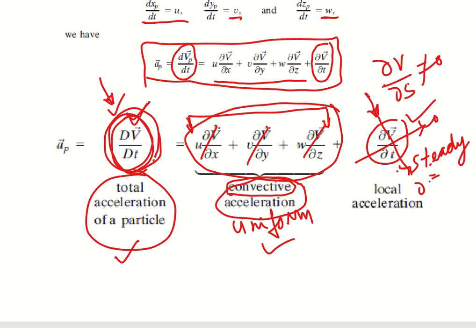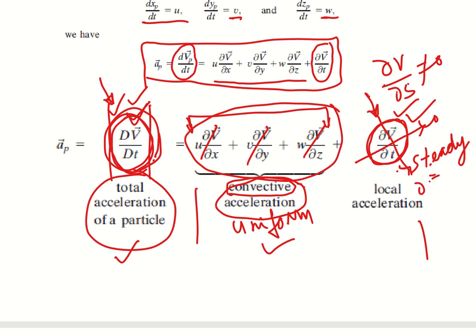This is of the particle in that flow field, and this is the local acceleration at that point. So this is the point property, and this is the material property, or that mass property which is moving from one location to another location. So this may be termed as the Lagrangian approach, and the right hand side may be termed as the Eulerian approach. And this term is coming due to flux.